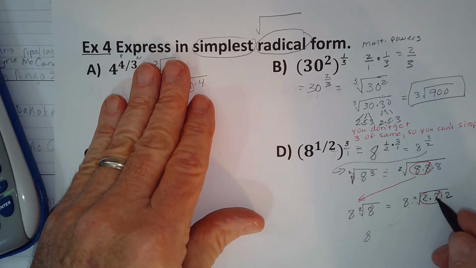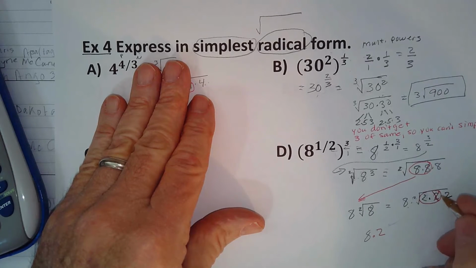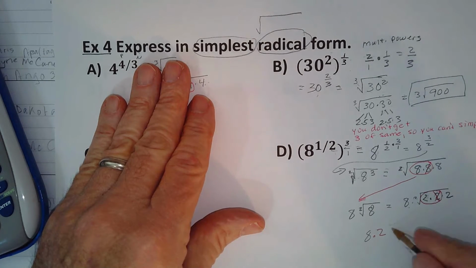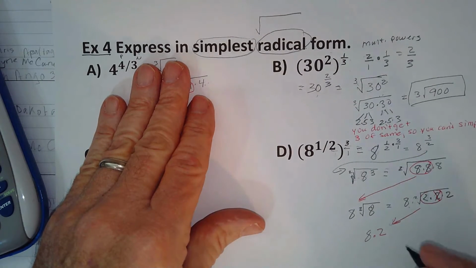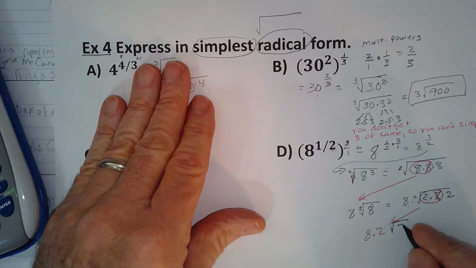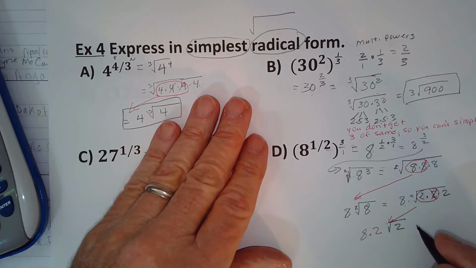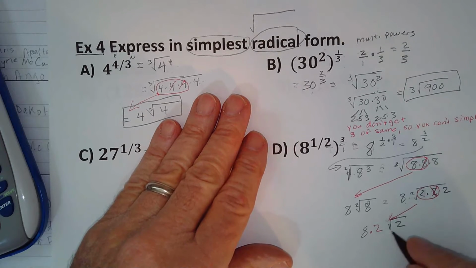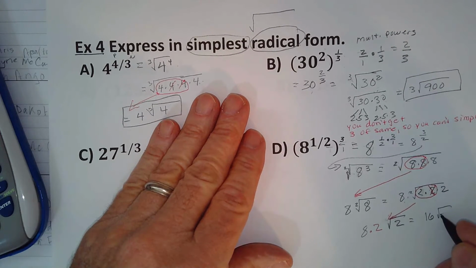And then we get a 2 that makes it out. The other guy is shot. He's gone. So I now have 8 times 2 times the square root of 2. Right? And so this simplifies into 16 times the square root of 2. Okay.